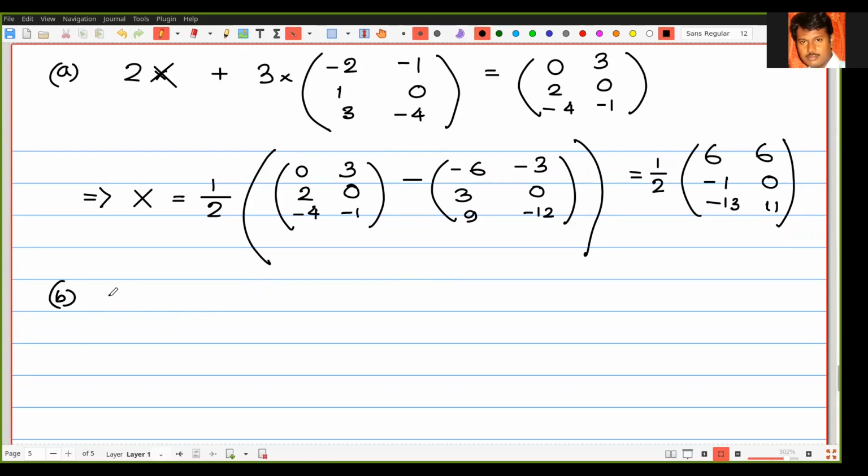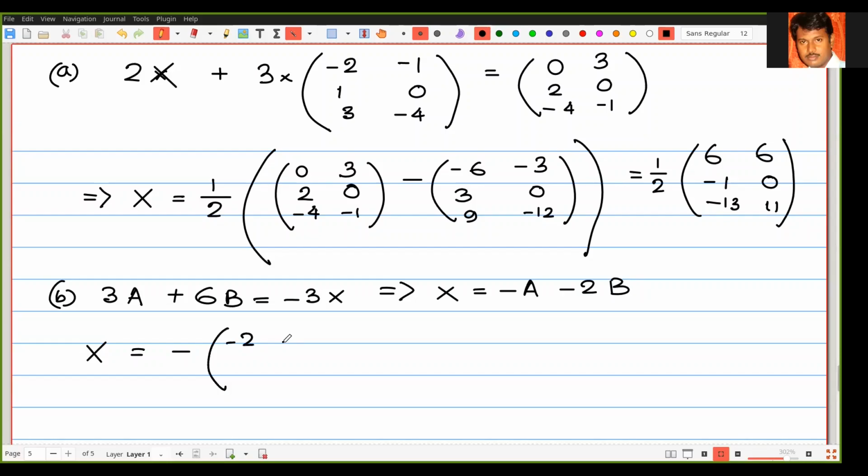Now the second equation, 3A plus 6B is equal to minus 3X, can be written as X equal to minus A minus 2B. So X is equal to, in place of A, I am writing minus [-2, -1; 1, 0; 3, -4], and minus 2 into B, [0, 3; 2, 0; -4, -1].